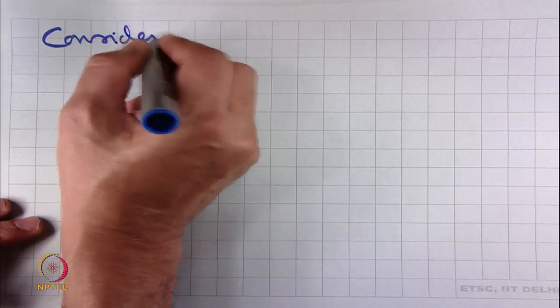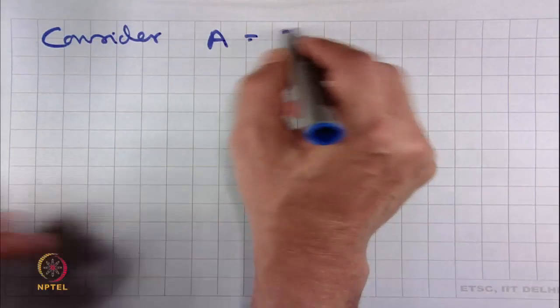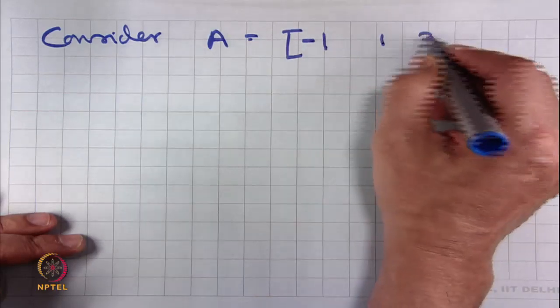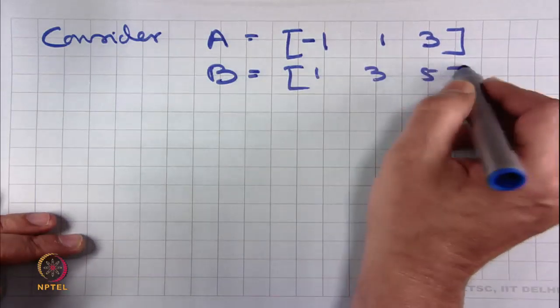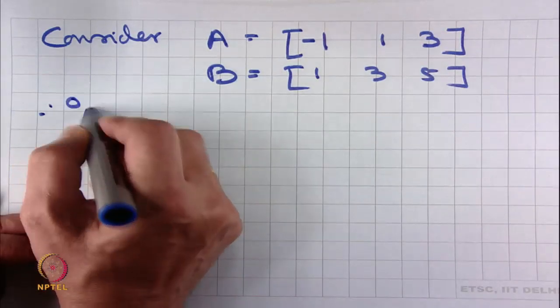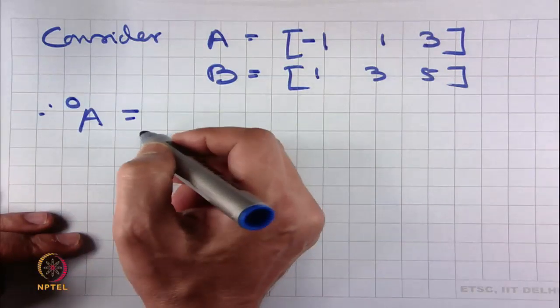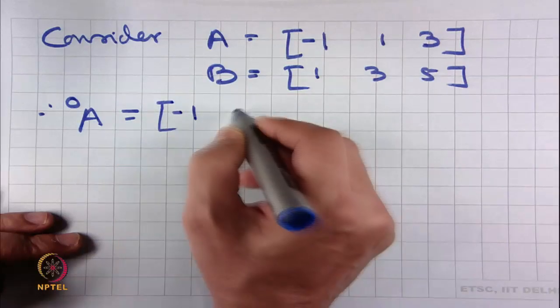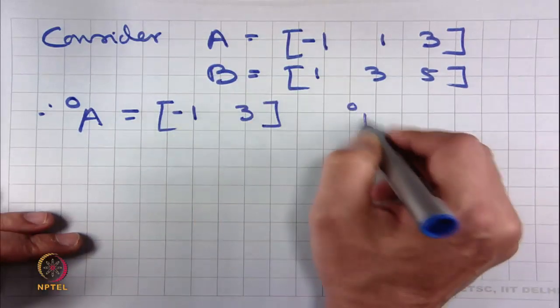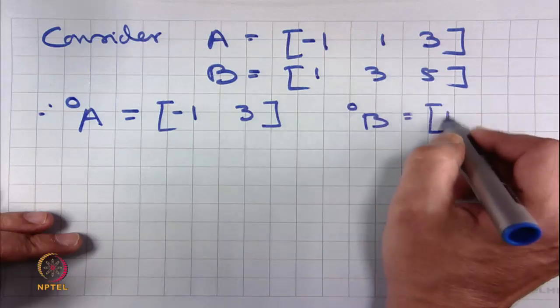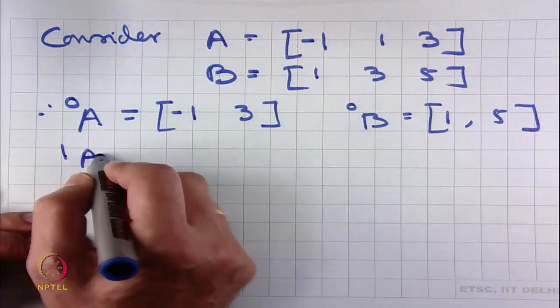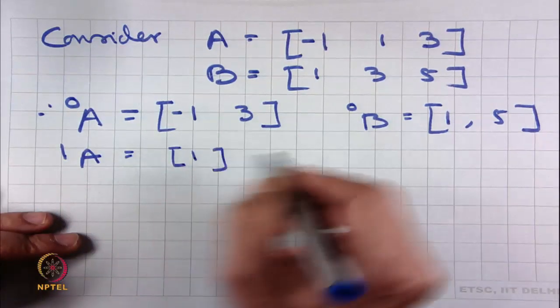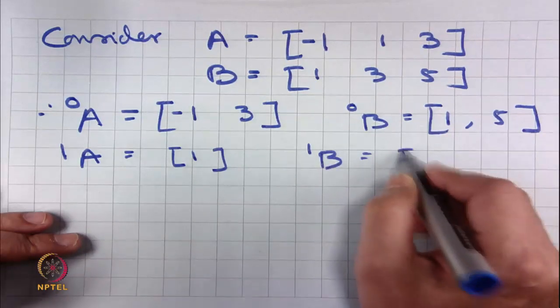So, consider A is equal to minus 1, 1, 3, B is equal to 1, 3, 5. Therefore, the 0 cut of A, that means alpha cut with alpha equal to 0, is the interval minus 1, 3, and the 0 cut of B is equal to 1, 5, and the 1 cut of A is equal to singleton 1 and the 1 cut of B is equal to singleton 3.